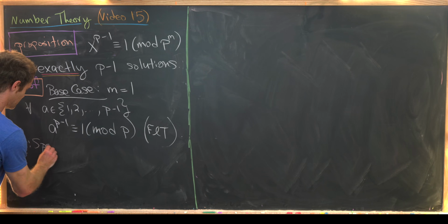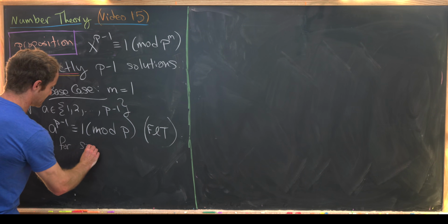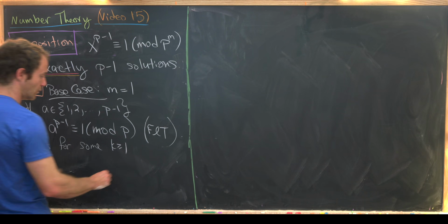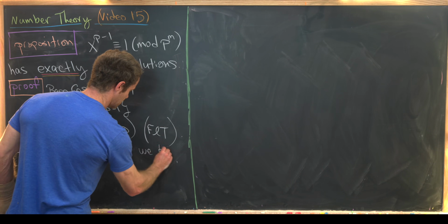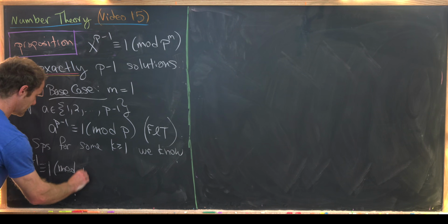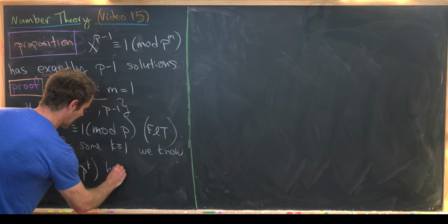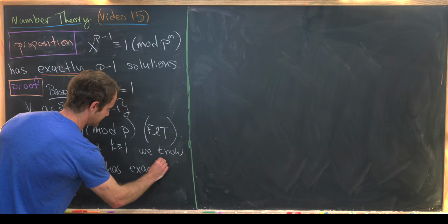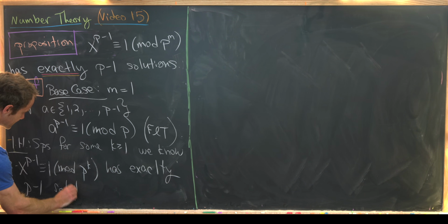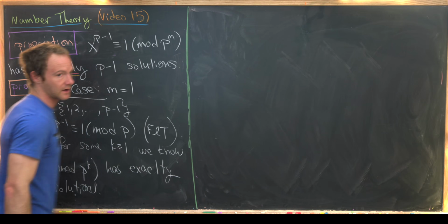Let's suppose for some k bigger than or equal to 1, we know x to the p minus 1 congruent to 1 mod p to the k has exactly p minus 1 solutions. Okay, cool.